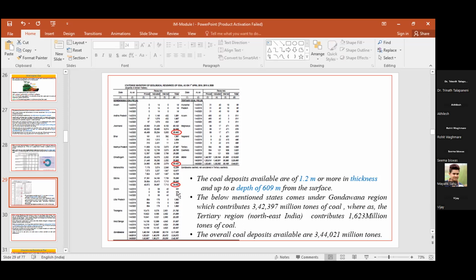So that's why, if you see, most of the integrated or mini steel plants are located in these particular states, where we have a good amount of iron as well as coal deposits which are readily available for the production of iron.